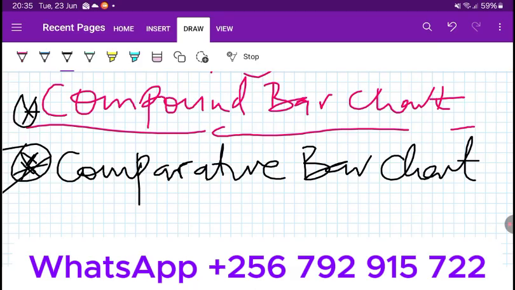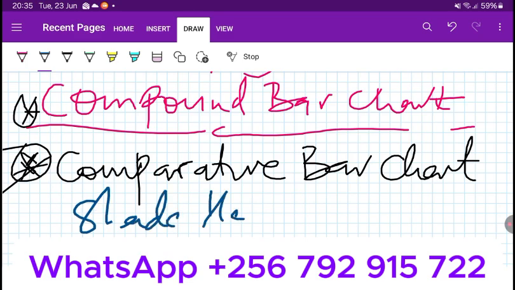So let's now look at the steps. But before we look at the steps, you also have to know that when you are comparing different quantities, maybe for different years or different companies, it may be useful to do what we call shading. You shade the bars so that you can differentiate them, because the data is from different areas.